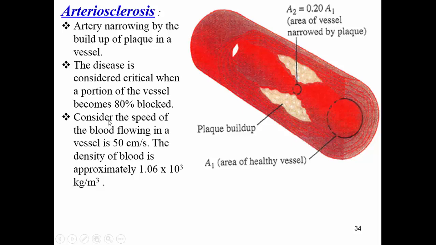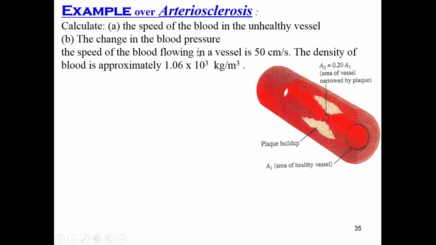Now consider that the speed of the blood flowing in a healthy vessel is 50 centimeters per second, and that the density of the blood is around 1.06 times 10 to the power 3 kilograms per cubic meter, which is a little bit denser than water. Now let's try to find the speed of the blood in the unhealthy vessel and also the change in the pressure.